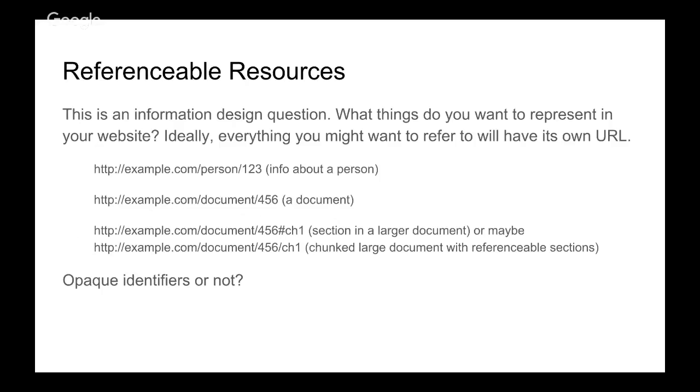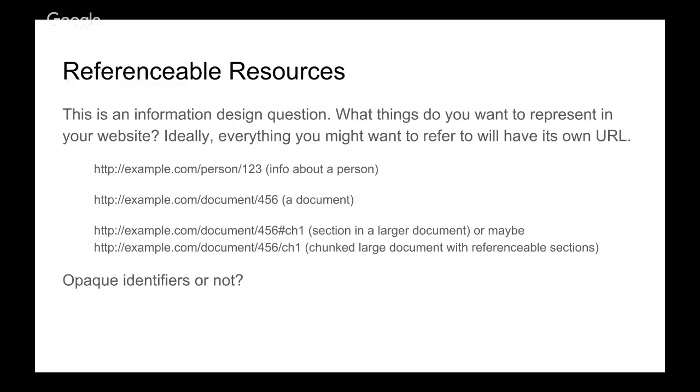And that brings us to referenceable resources. And again, this is an information design question. It's not purely technology. What things do you actually want to represent in your website? So ideally, everything you might want to refer to will have its own URL.